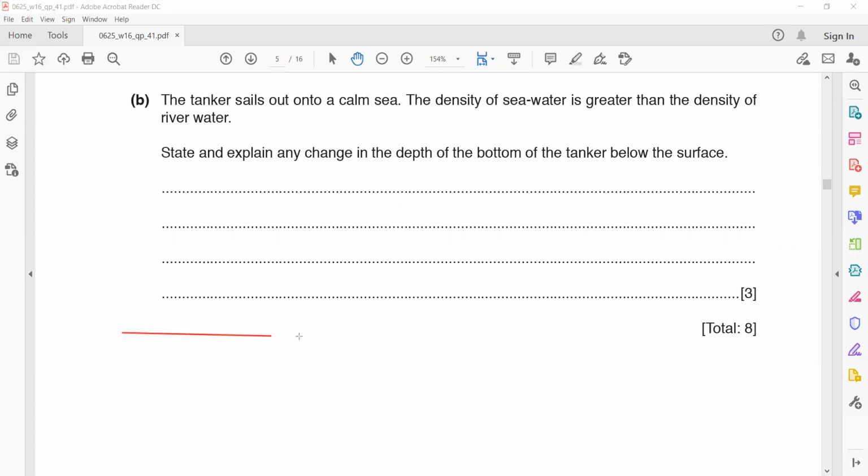For example, this is the surface of the water, or water level, and the same tanker is there in a river, and the same size tanker is there in a sea.